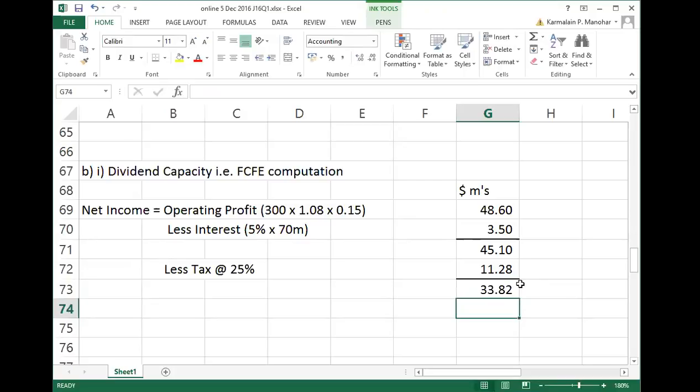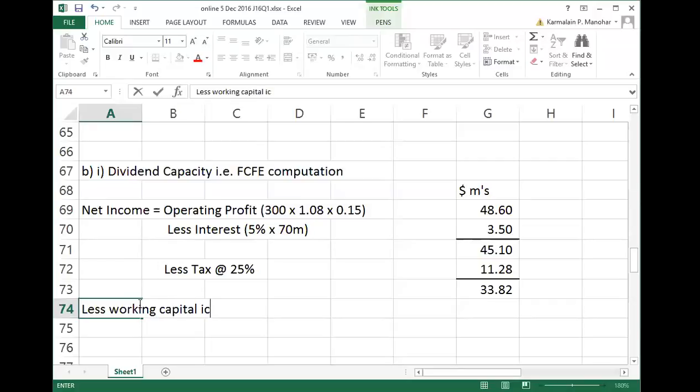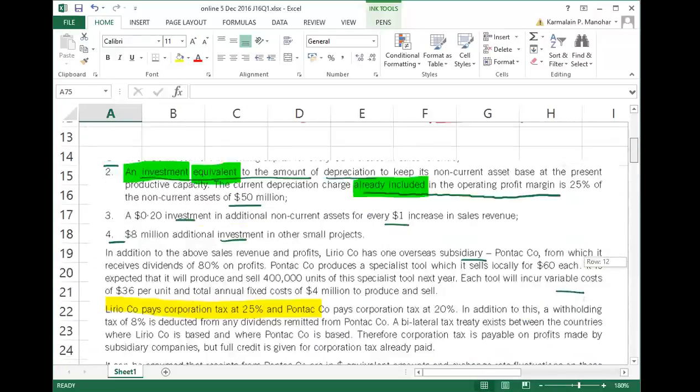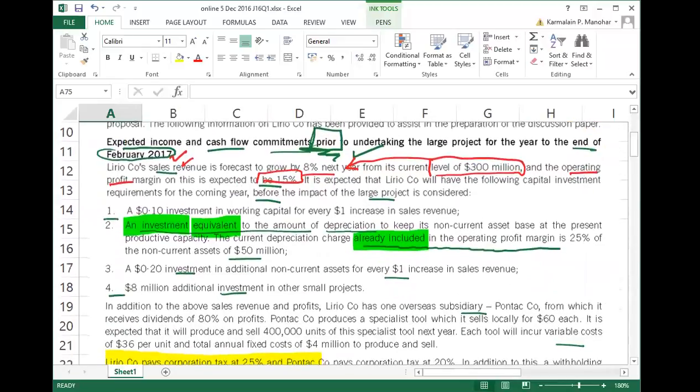Right, what next? All of those investments. Investment. Changes in working capital, capital investment. I don't think there was any new debt or new equity. The question sort of said that. So let's deal with our working capital increase. Remember, it's increase only. So what do we got? A 10-cent investment for every dollar increase in sales revenue. How are we looking at that?